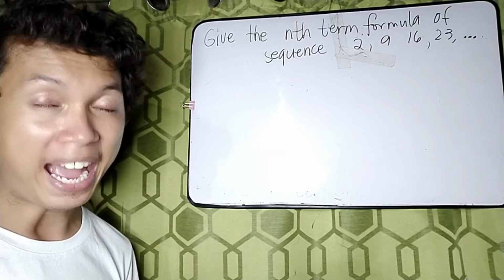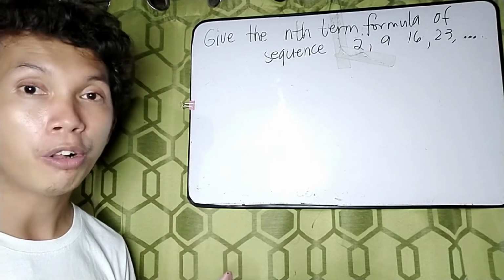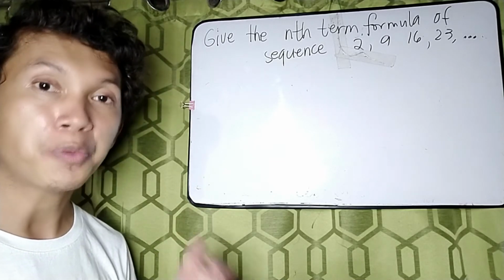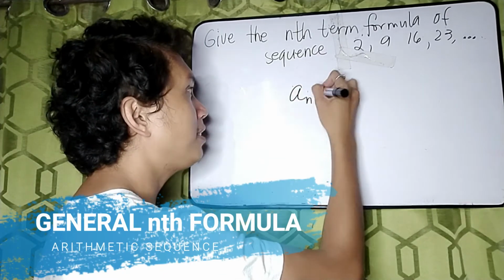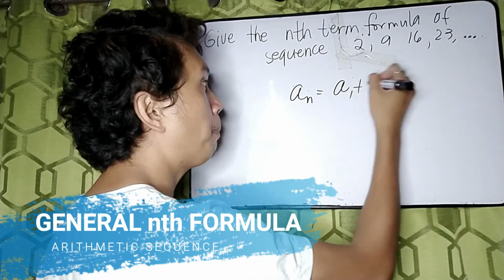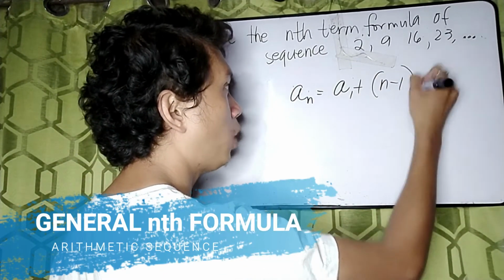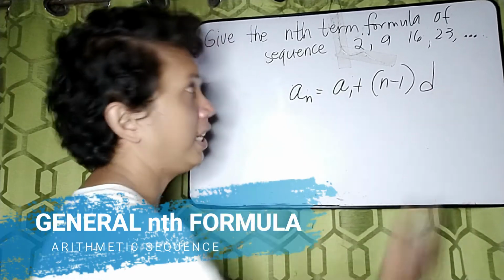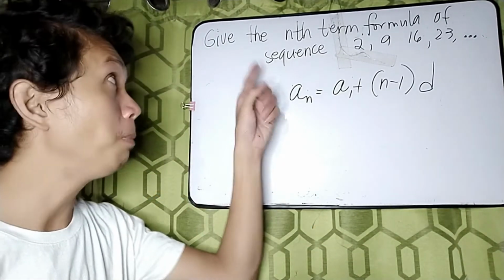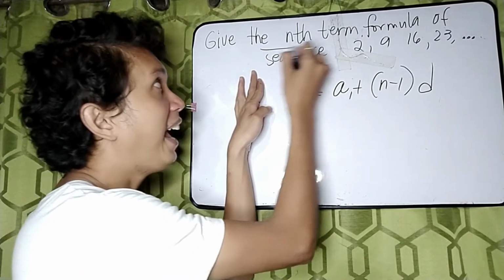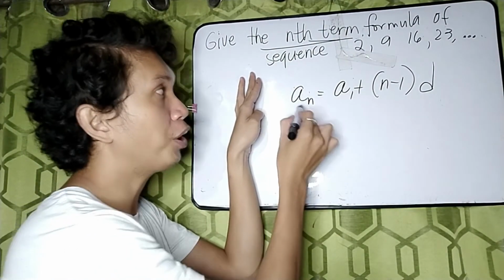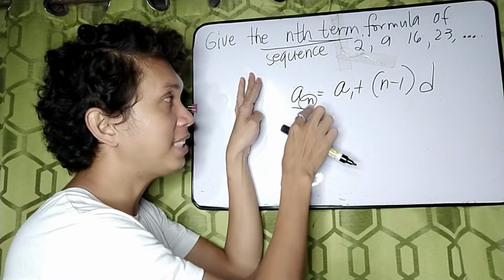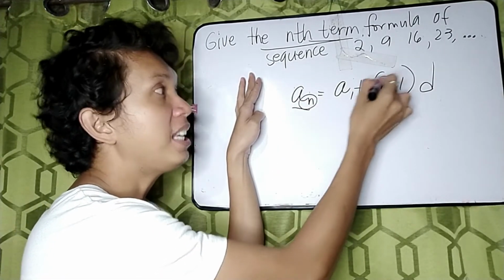But before that, we need to recall the formula for an arithmetic sequence, and that is a sub n equals a sub 1 plus the quantity n minus 1 times d. In the problem, we are looking for the nth term, which means that we are not going to replace n here and also here.